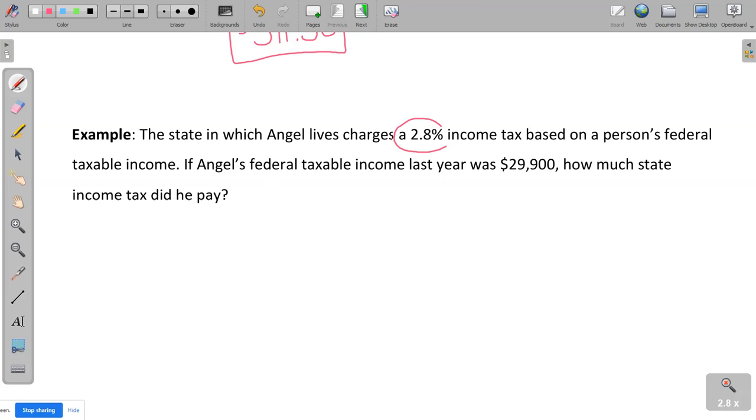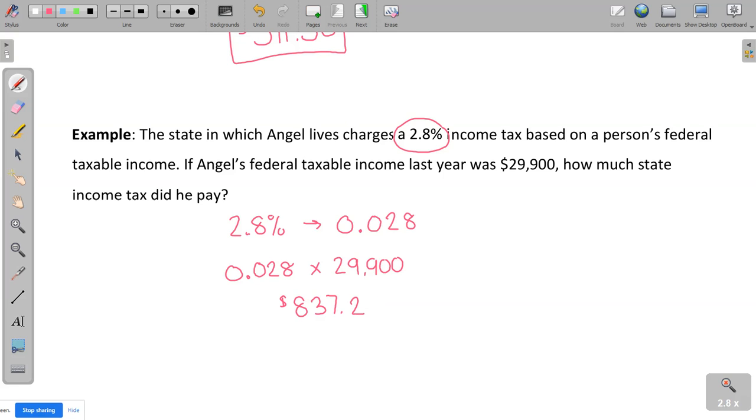So we take the percent, 2.8, and change it to a decimal, so we get 0.028. Take that percent as a decimal and multiply it by the taxable income, and we get $837.20.